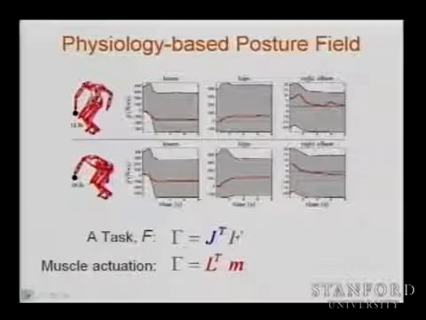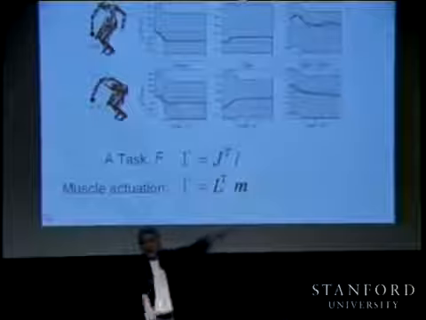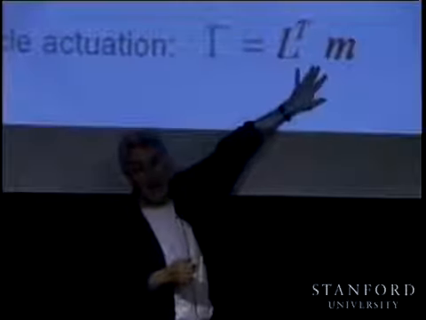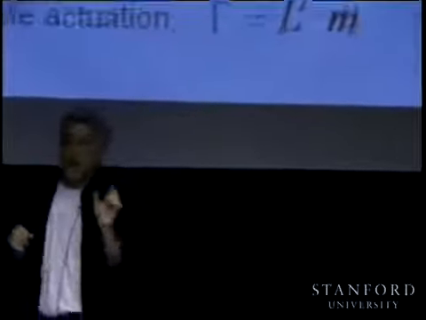This is the muscle attachment Jacobian. And these are the muscles. Now, if you think about it, you are really tuned to use this in a way to minimize your muscular effort. But every muscle has a different capacity, bigger muscles, smaller muscles. So you need to account for the capacity of the muscle.